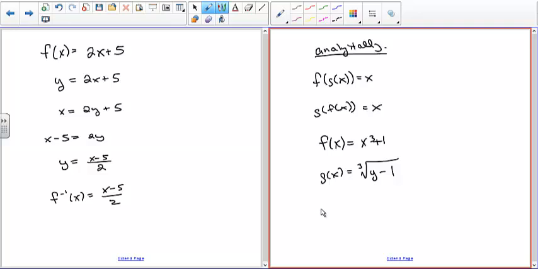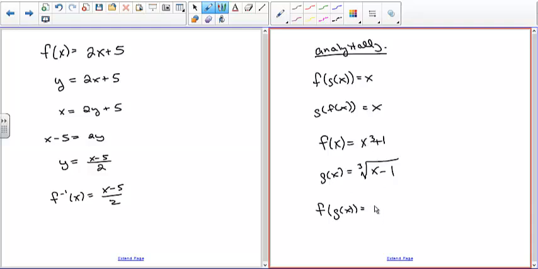So doing the composite functions, f of g of x: here f of g of x should plug in g of x into here. And this should be x minus 1, not y minus 1. So g of x is that. So I'm going to plug that into here.